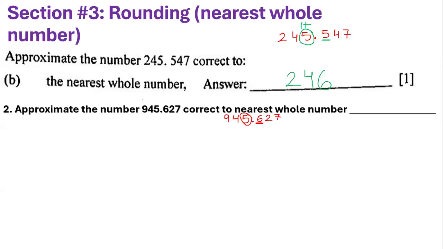So when we do that, we add 1 right there, and it's gonna be equal to 946. Do y'all need more examples, or y'all kind of understand how to do this?